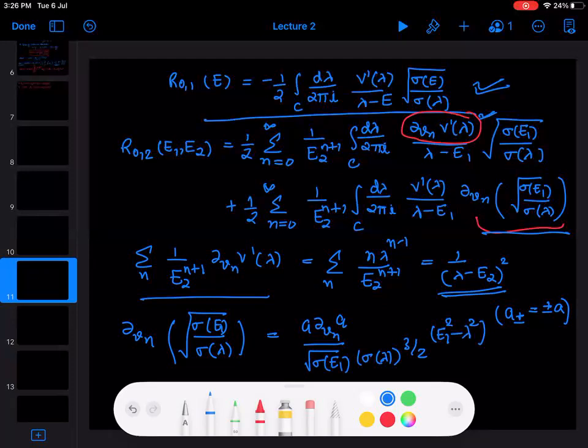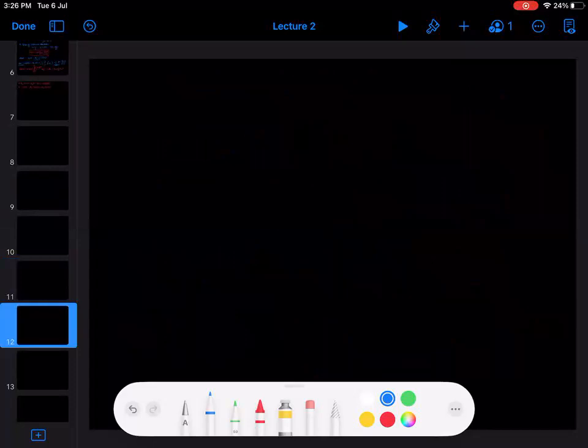Okay, so once we have these two expressions, we can substitute them in the expression of R 0,2. Let me write it.